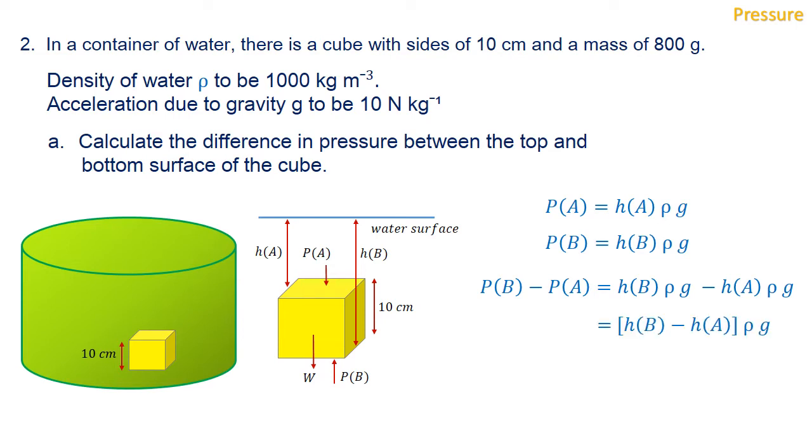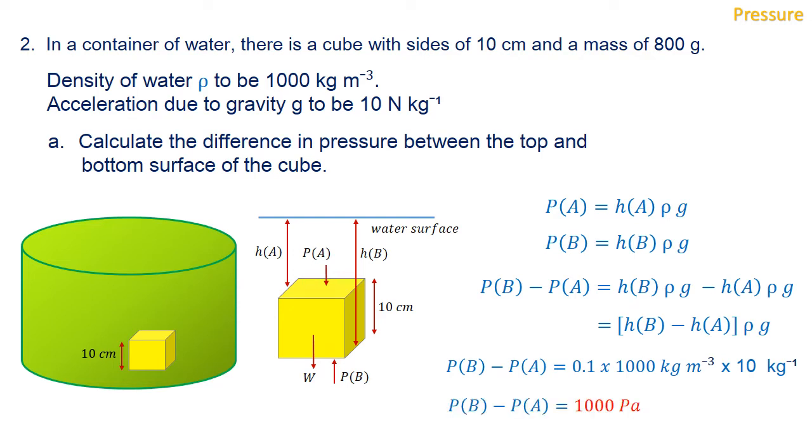PB minus PA equals HB minus HA times rho times g. PB minus PA equals 1000 Pascal.